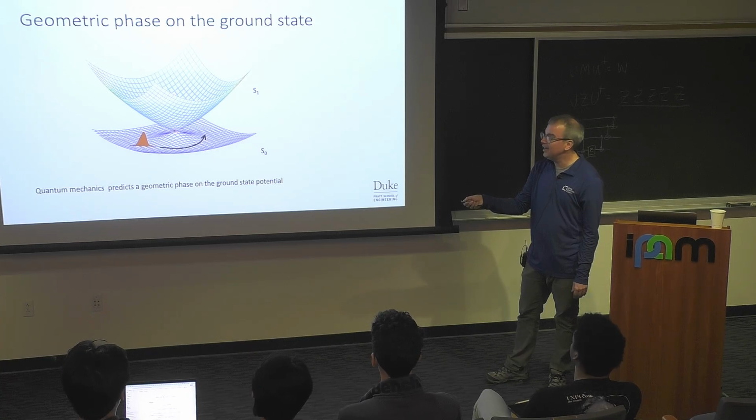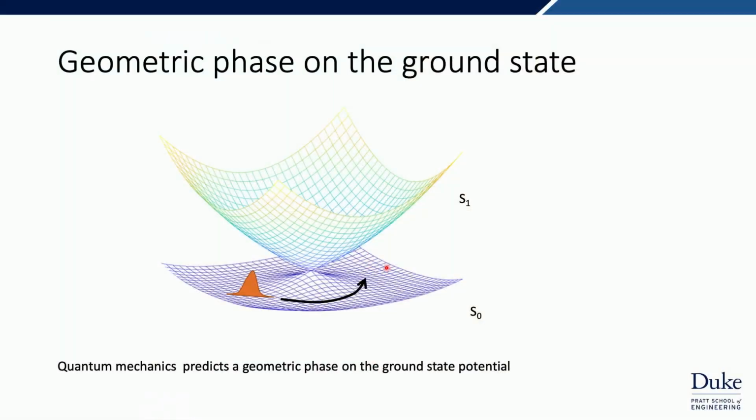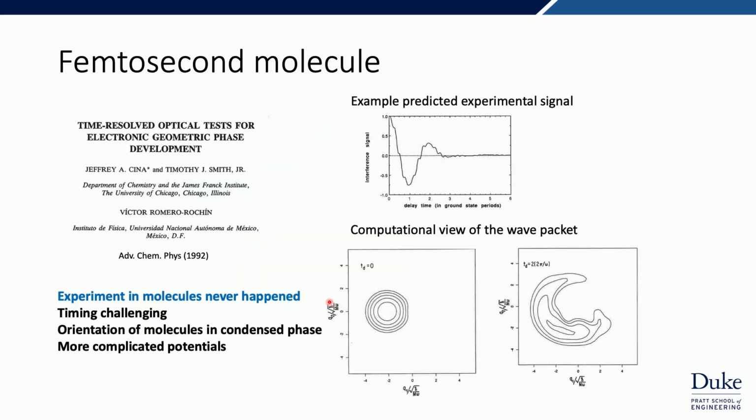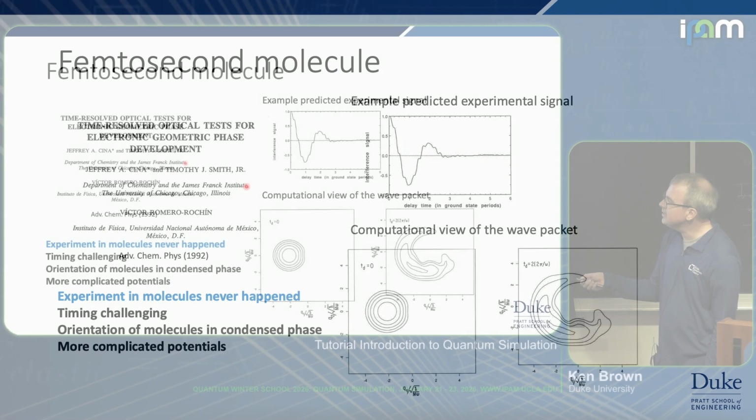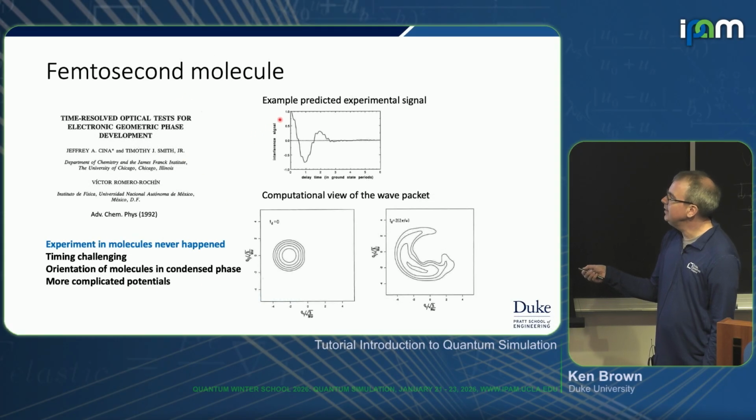Because of this non-analytic point here, there ends up being a geometric phase, which means this wave packet will spread both ways and not show up on the other side. So in the 90s, when people were really getting into femtochemistry and looking at these photonic dynamics, these theorists suggested that you could measure it by looking at an interference signal in this femtosecond spectrum.